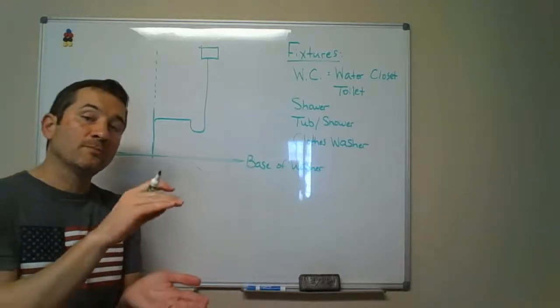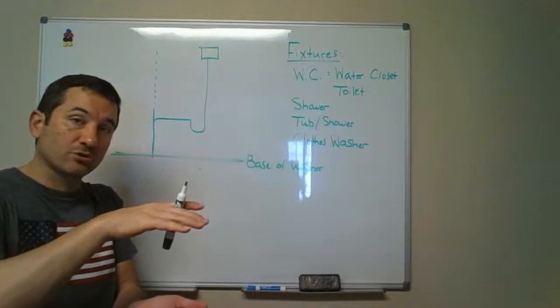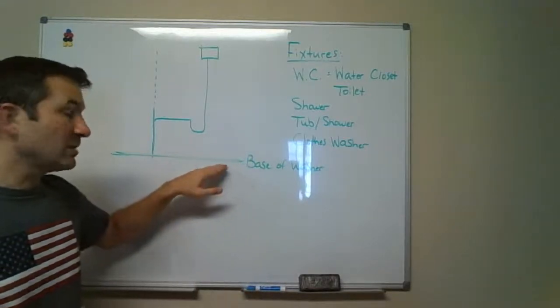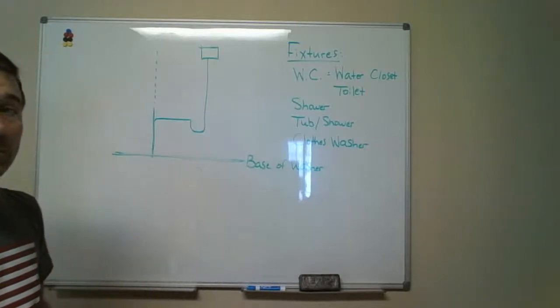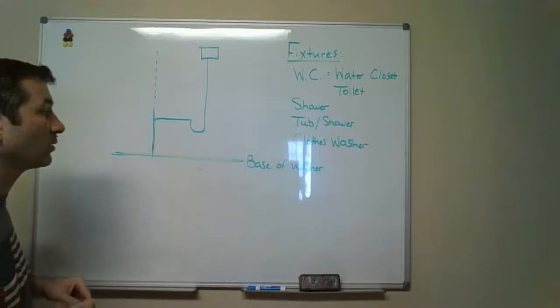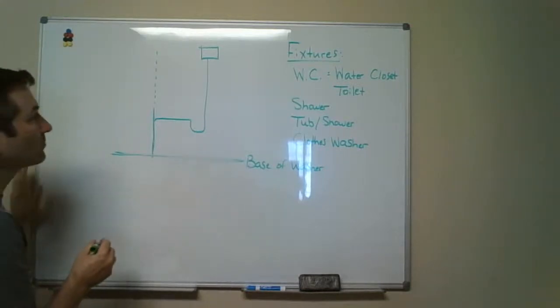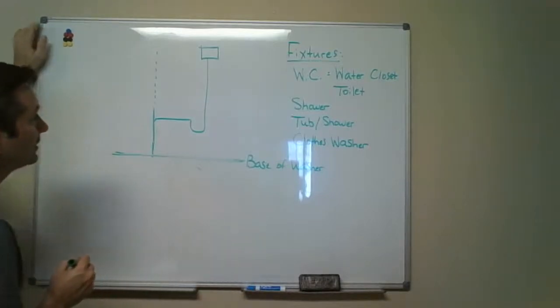So if you set your clothes washer up on one of those drawers that you might have seen, the base of the washer is going to be the top of that drawer. So that's where the measurements are coming from. In that case, it wouldn't be the floor. In most cases, it is the floor, because the washer's sitting on the finished floor, but the code says the base of the washer.